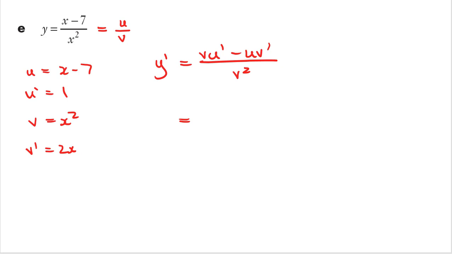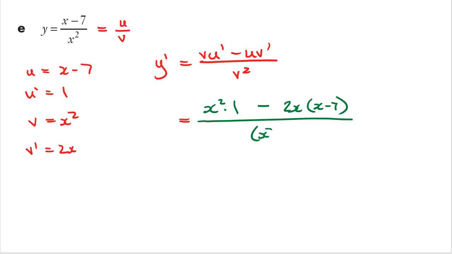Let's change to a green pen. v times u dash, so that's x squared times 1, and uv dash, so that's going to be 2x times x minus 7, and all over x squared squared. Now because this is not a binomial, it's just a singular term, this is one example where you can do the squared, and this will become x to the power 4.